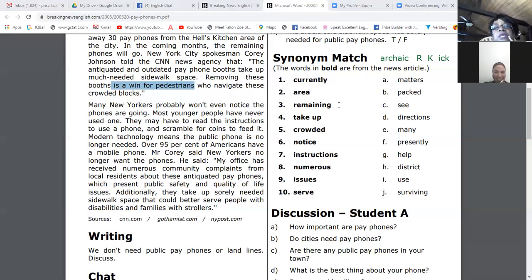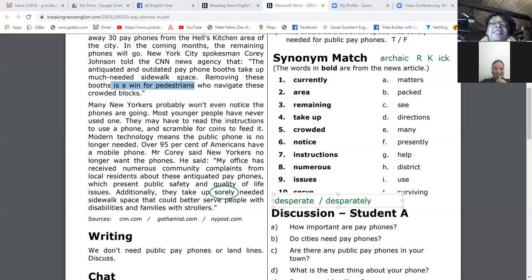Now, this word here, you may not really know what it means, but it's not necessary that you know what it means to understand what the article is about. But what does this word mean? You did pronounce it correctly. They take up sorely needed. I think I know the word sore, but not the adverb sorely. I honestly forgot the meaning.